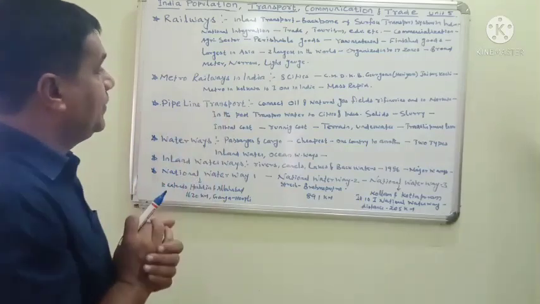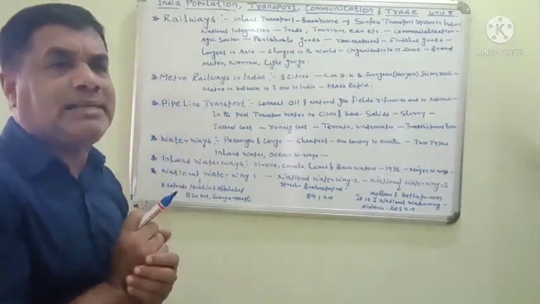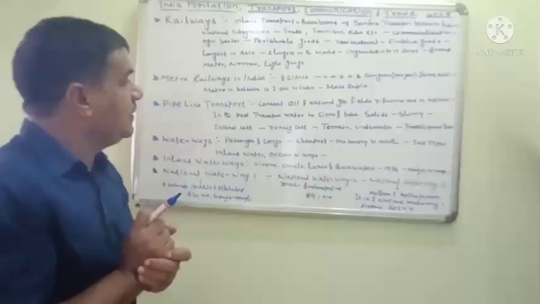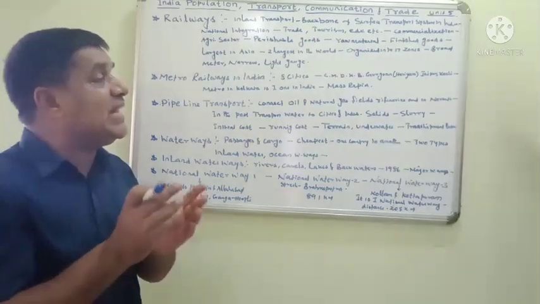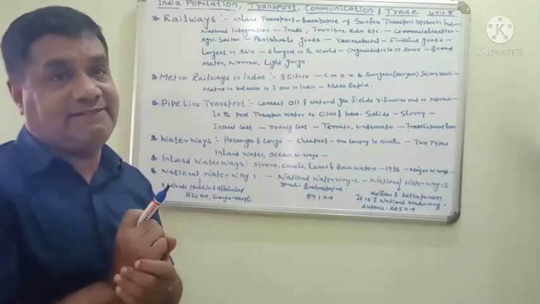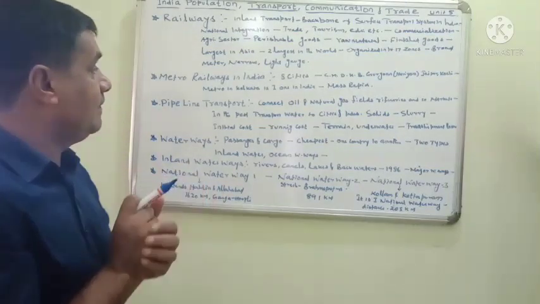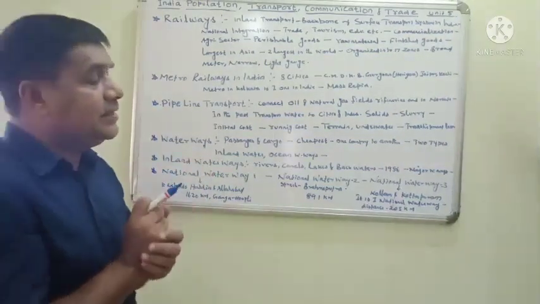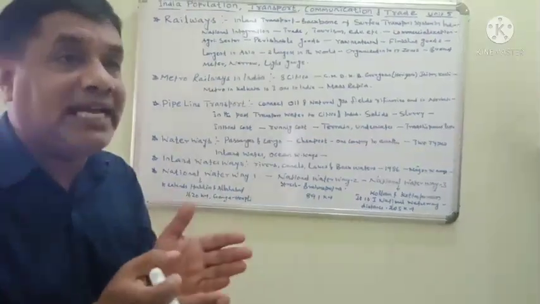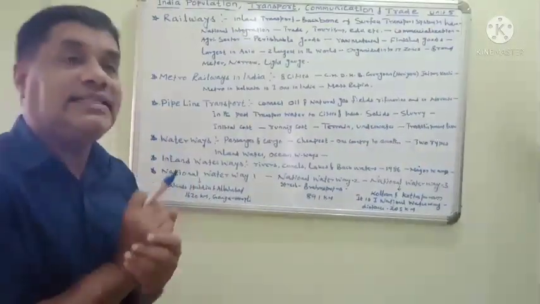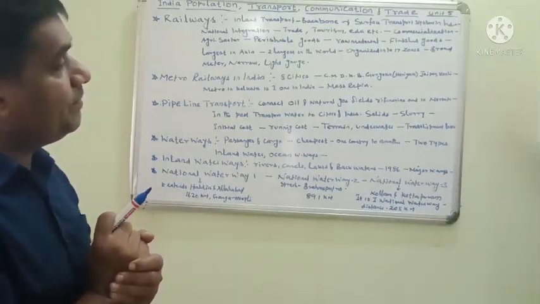Pipeline transport. Pipeline transport is one of the important transport systems in our country nowadays. It connects oil and natural gas fields, refineries and markets. In the past, through the pipeline, water was transported only to cities and industries.